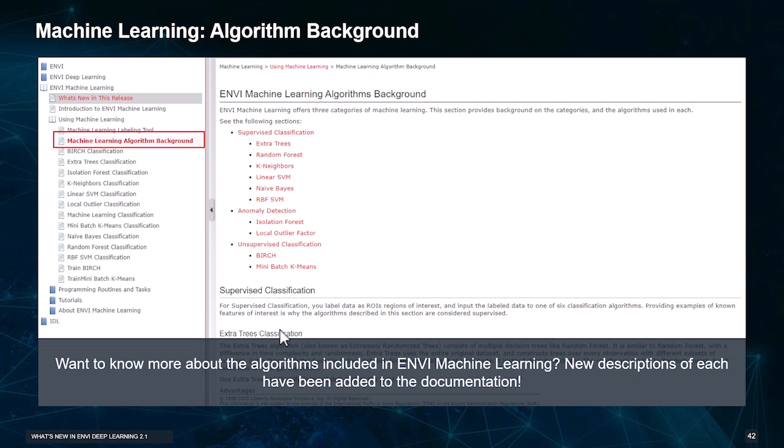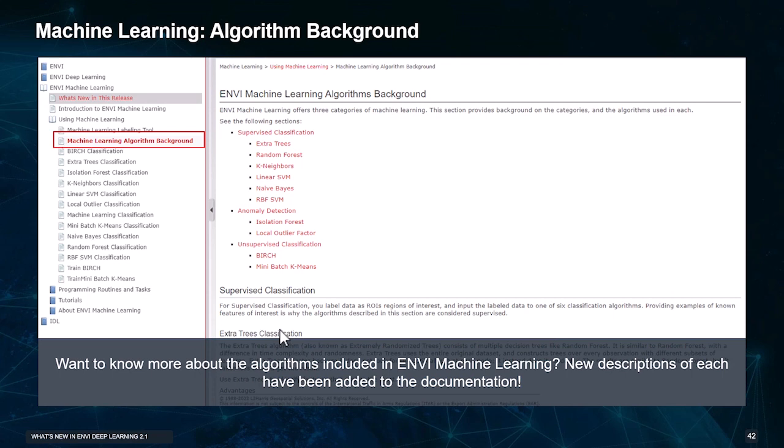In addition to that, we've also spent some time on our documentation for machine learning, and at the bottom of this page, we added some additional information about each type of machine learning algorithm. So if you just want to learn a little bit about them, to know maybe why to use one or the other, feel free to check this out. I still always recommend random forest for supervised classification, and if you're using unsupervised, k-means is the one that I recommend.